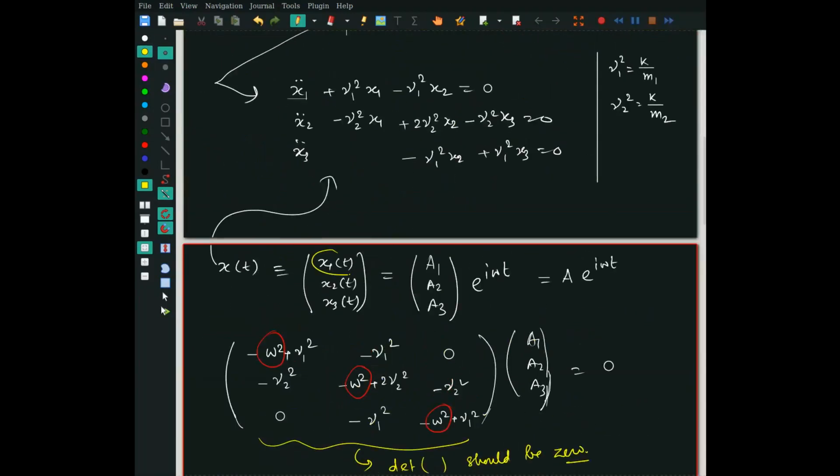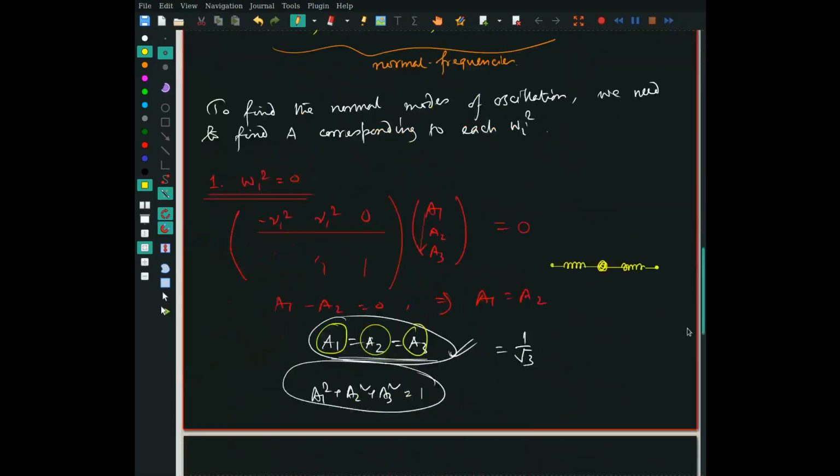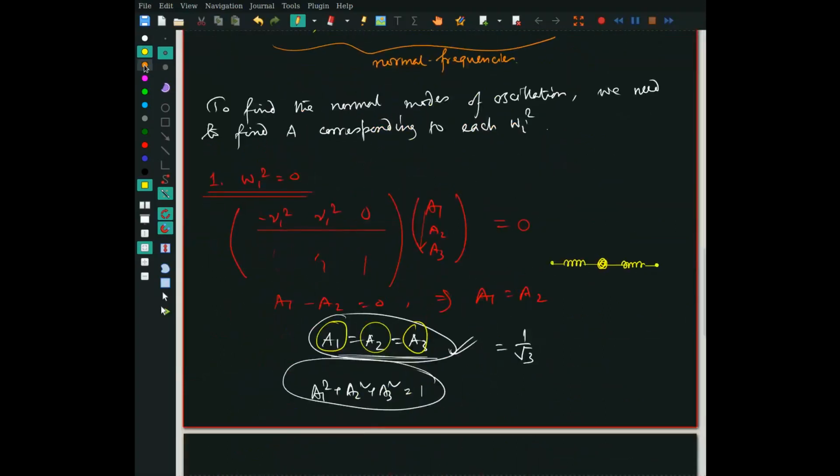So the amplitude of oscillation for x1 is A1, the amplitude for x2 is A2, and the amplitude for x3 is A3. These were my amplitudes corresponding to each of those displacements, and x1, x2, and x3 were associated with the displacement of the three molecules.